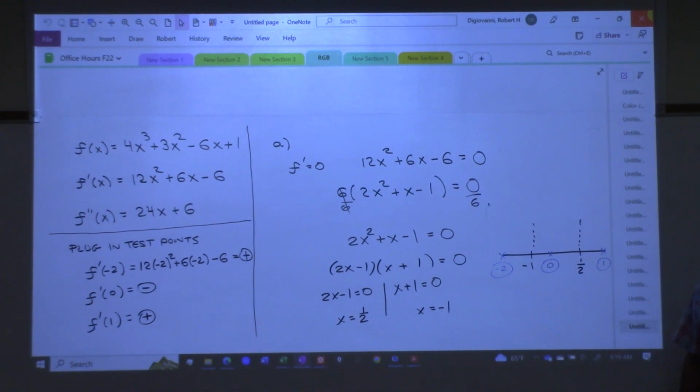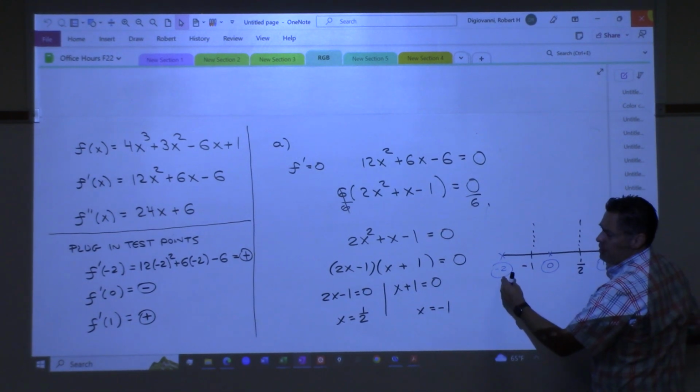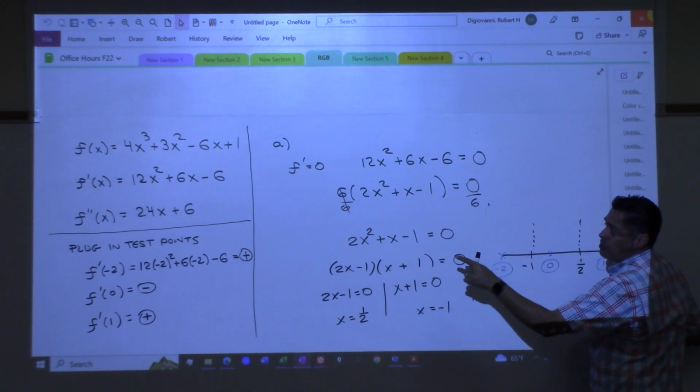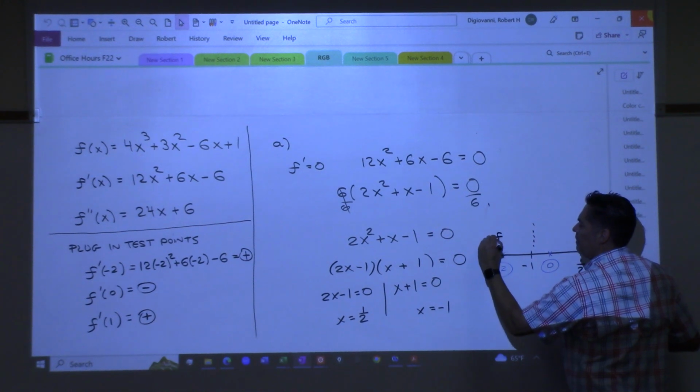Good? Okay, now I'm going to come back over here to my table, and I'm going to put the conclusion of what I just did in here. When I plugged in -2, my derivative was what? Positive, which means the original function is doing what over here? Going up. So I'm going to put here the original function f is going up.